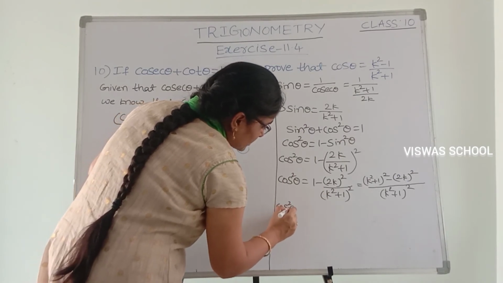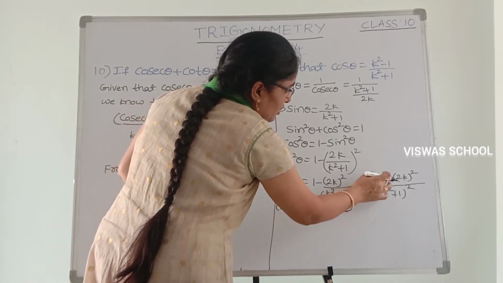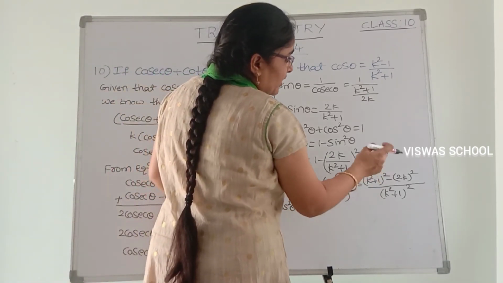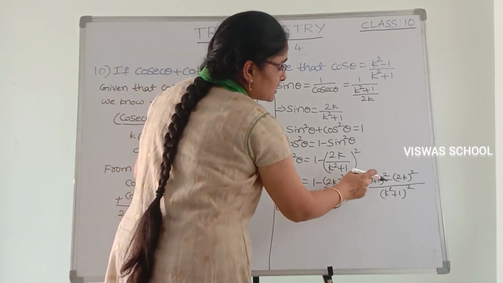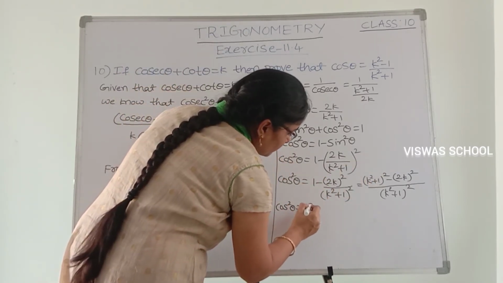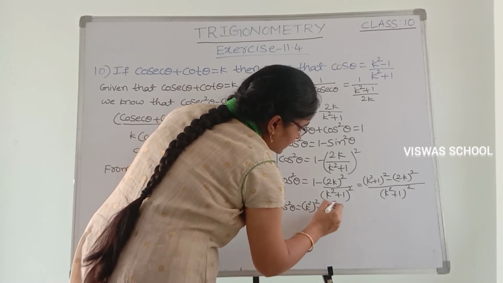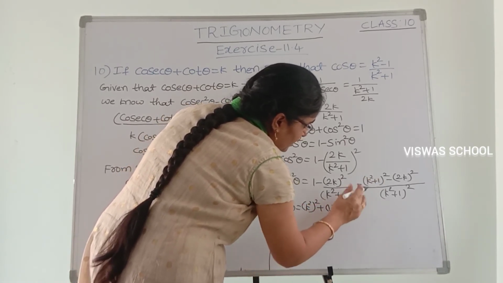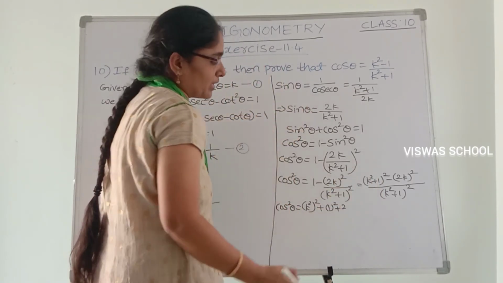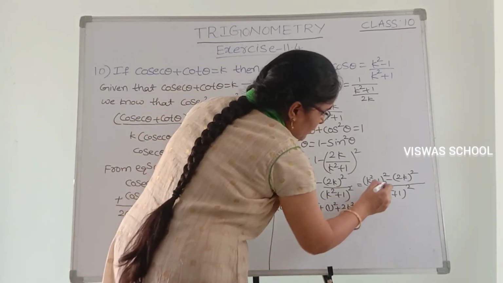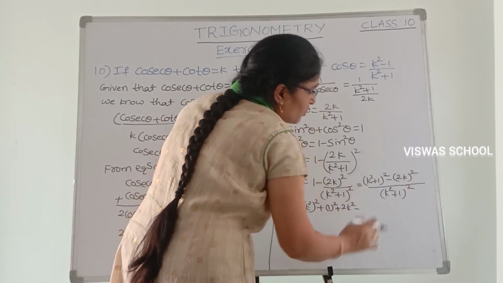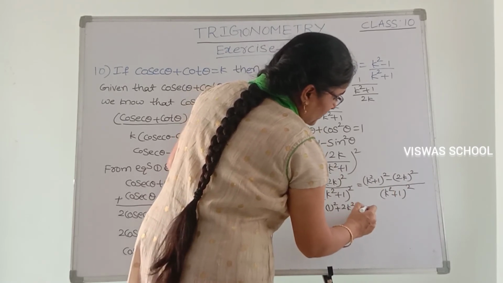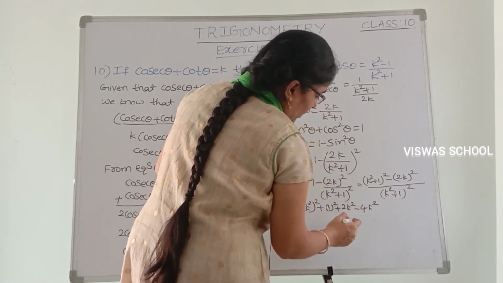Cos square theta is equal to, this is in the form of a plus b whole square. Write it in the form of a square plus b square plus 2ab. First k square whole square. Next b square, that is plus 1 whole square, plus 2ab, that is 2 into k square into 1, that is 2k square, minus 2k whole square, that is 2 square into k square, which becomes 4k square.